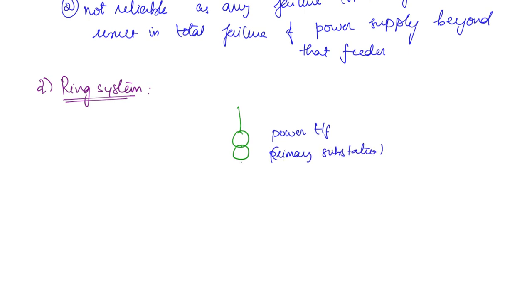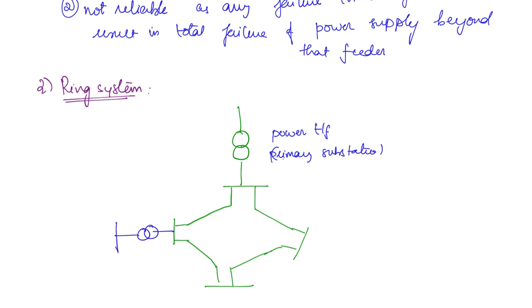From here there is going to be one feeder in this direction. Here you have one distribution substation, here you have another, and here another. We can draw these distribution substations and the load tap off points.